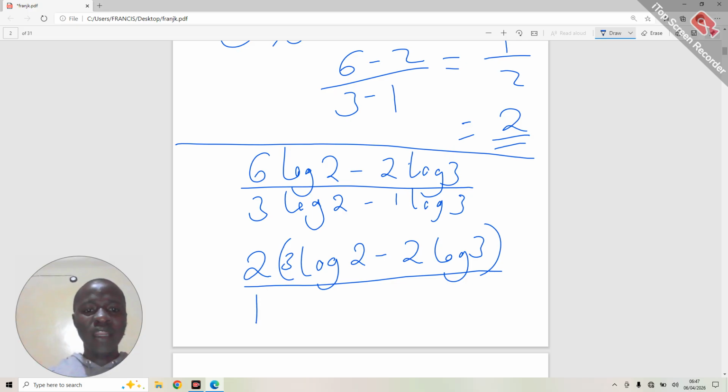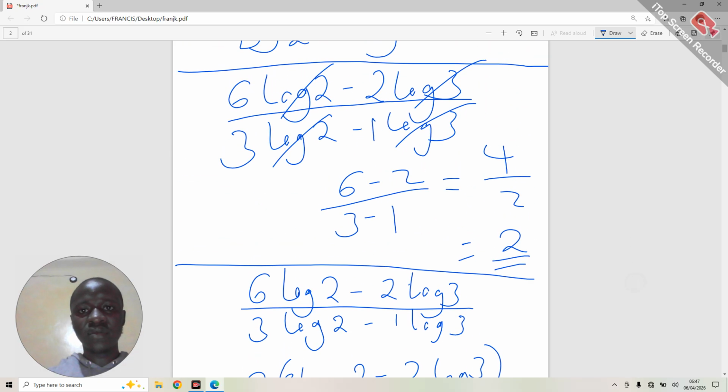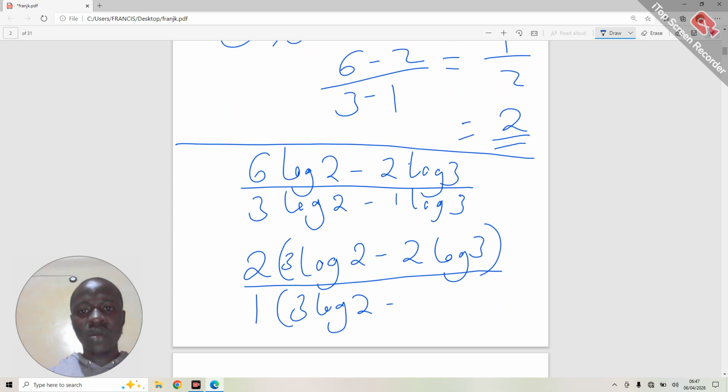So we have 1 into bracket 3 log 2 minus log 3. I'm sorry, I never factorized out these two. So here we should be having just 1 or maybe just blank.